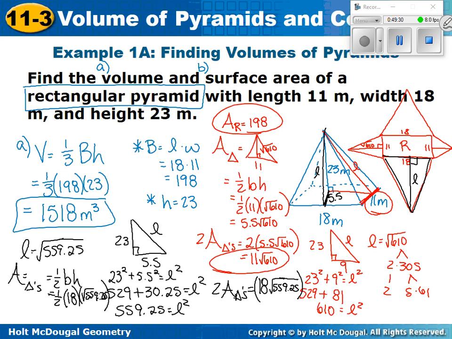Okay, take your calculator, add it all together. These 2 areas plus these 2 areas plus this one. Add them all together and round. Tell me what you get. Everybody plug it in. Check.